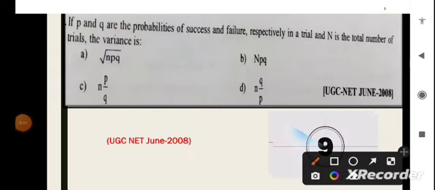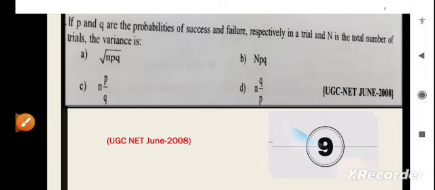Now, to recall what we have learned today, let's solve some questions. After reading the question, I will wait for some seconds so that you can also guess the answer. The first question is, if P and Q are the probabilities of success and failure respectively in a trial and N is the total number of trials, then its variance will be equal to?